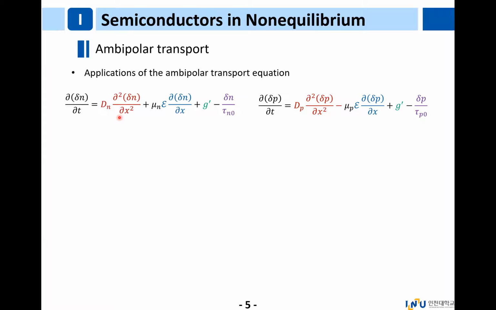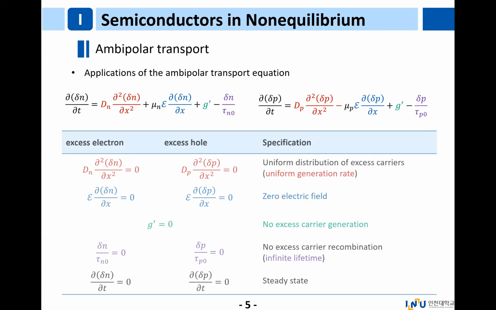The ambipolar transport equation generally includes five terms denoted by different colors, and the table below summarizes under which conditions each term can be neglected. In the following slide, we will explore some situations in which semiconductor devices operate under non-equilibrium conditions.